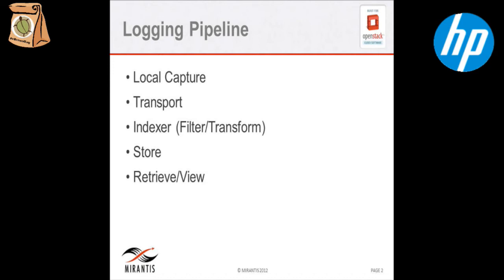All right, so first, let's cover the typical logging pipeline. It consists of doing some sort of a local capture, where logs, if they're rolled into a local file, will need to be captured and processed. Some sort of a transport to get the logs to its remote destination, because we're talking about a distributed cluster.